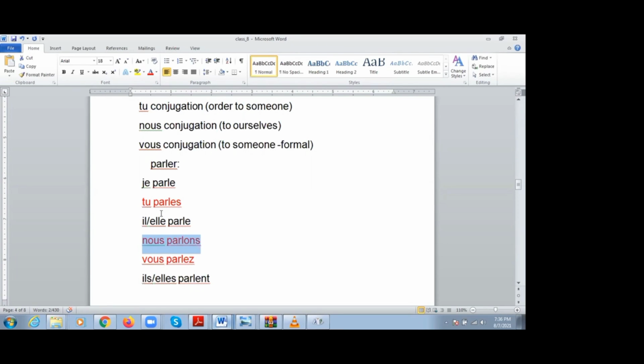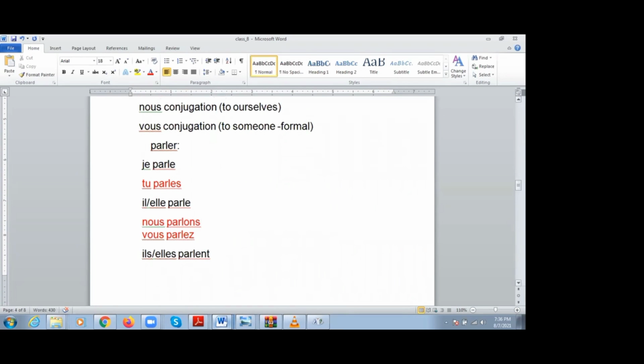I will not use vous in my command. Parlez. And if it is for ourselves, it's going to be parlons, which means let us speak. Parlons. For ourselves, of course, we will use the conjugations, but we will not use the associated subjects. Parlons.